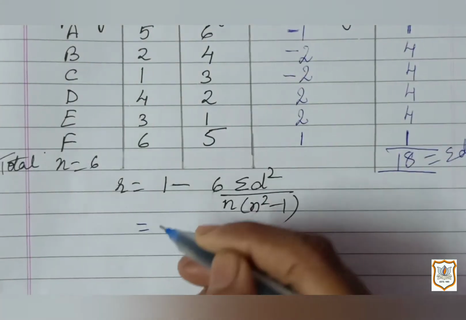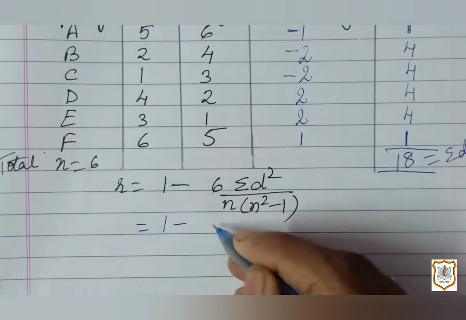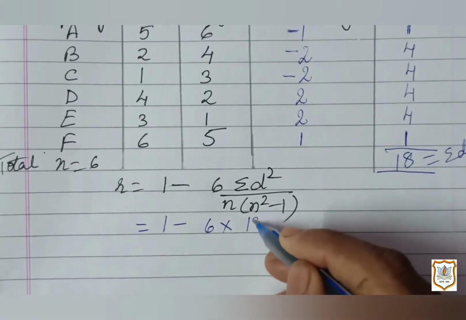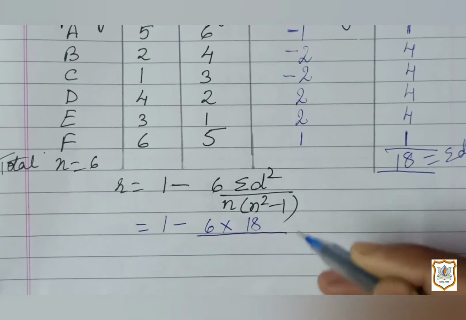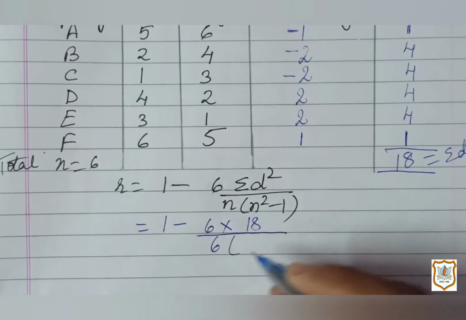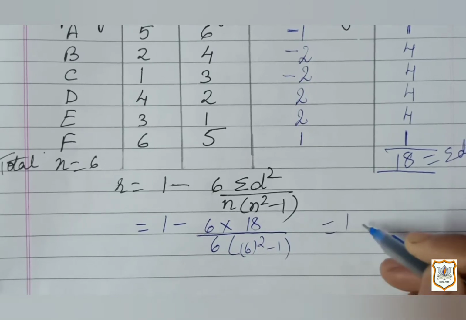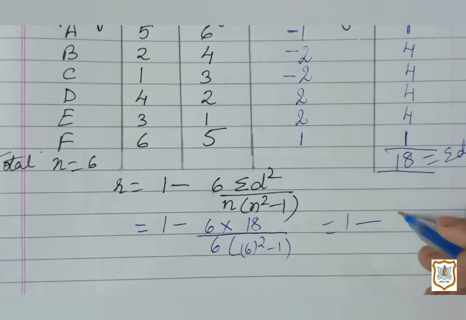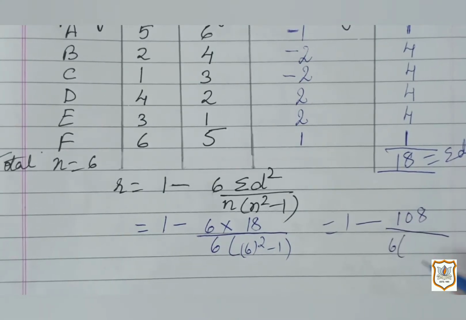So this will be equal to 1 minus 6 into sigma d square, 18, divided by 6 into 6 square minus 1. So this is 1 minus 6 into 18, which is 108, divided by 6 into 36 minus 1.